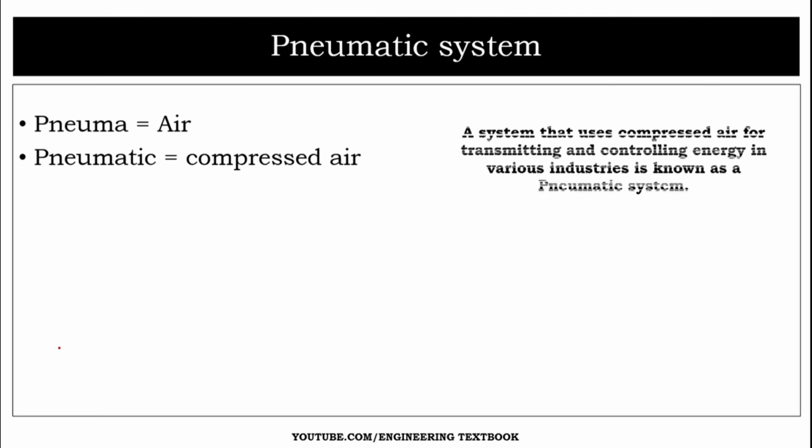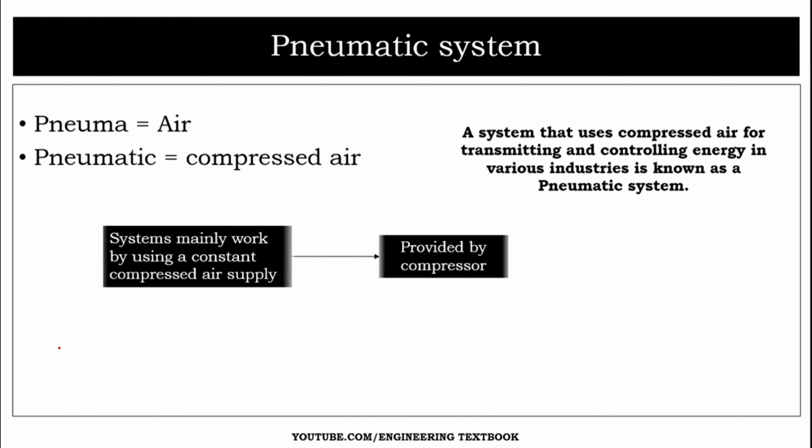The system that uses compressed air for transmitting and controlling energy in various industries is known as a pneumatic system. These systems mainly work by using a constant compressed air supply, which is provided by an air compressor.